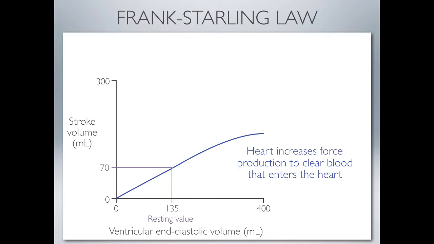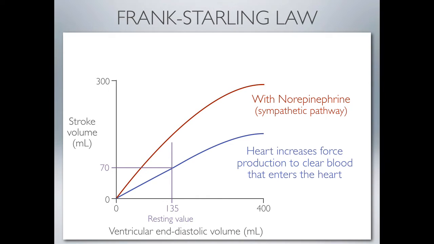Now here, let's see, sympathetic nervous system. If you're exposing those contractile cells that are powering this relationship to either norepinephrine or epinephrine, then you should expect an elevation in how much blood emerges from the heart, that is the stroke volume. And in fact, that's exactly what you see.